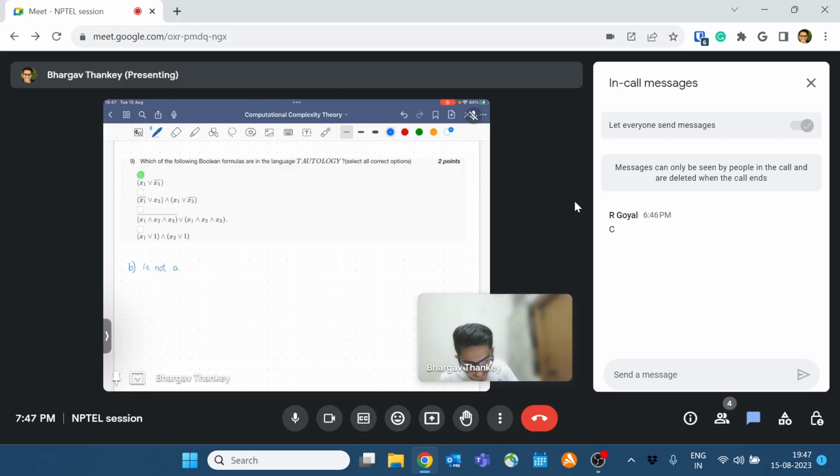So B is not a tautology, because x1 equals 0 and x2 equals 1 is not a satisfying assignment. The third one is a tautology. C is a tautology and D is also a tautology. So ACD.